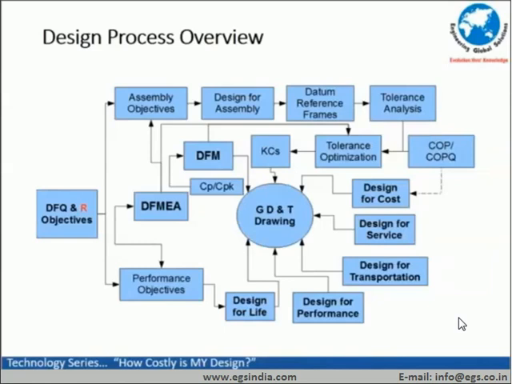The tolerance analysis helps you to find a fine balance between the cost of precision and the cost of poor quality, and you are optimizing the tolerances on the drawing, and then you are putting the key characteristics on the drawing and sending it to quality to keep a tab on repeatedly.